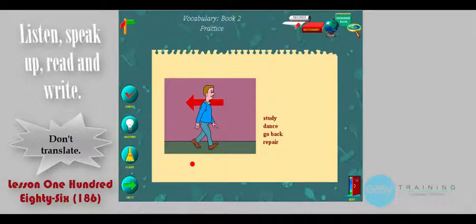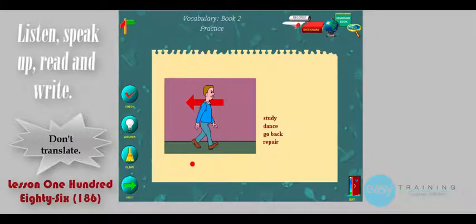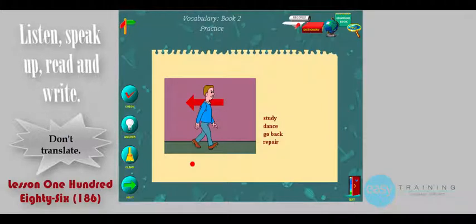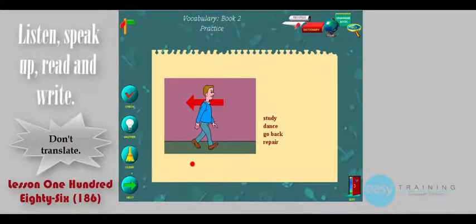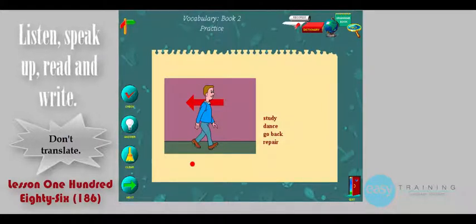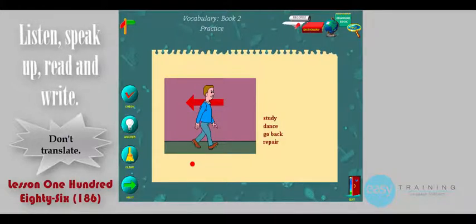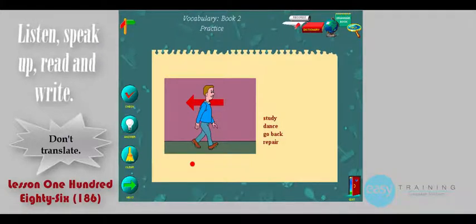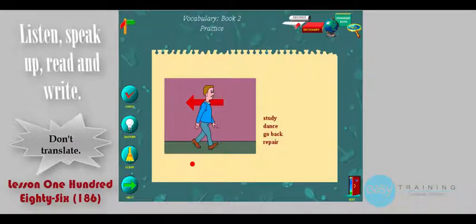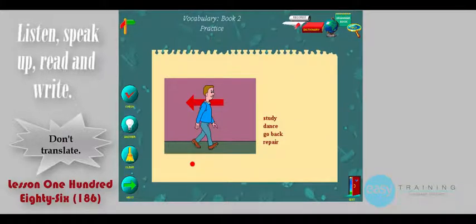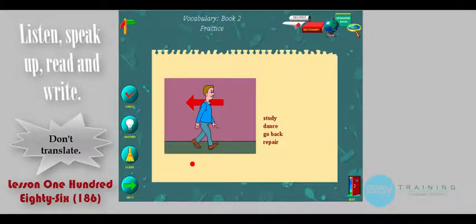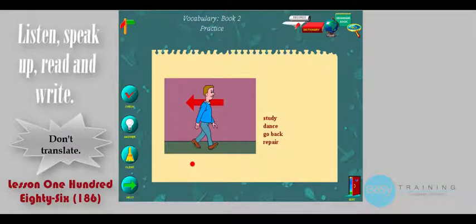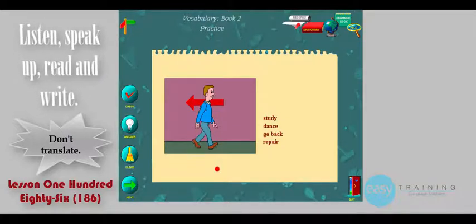You and I explored some vocabulary in the last lesson. In this lesson, we are going to put that vocabulary into practice. So we are going to be using those words and those expressions for some practice.